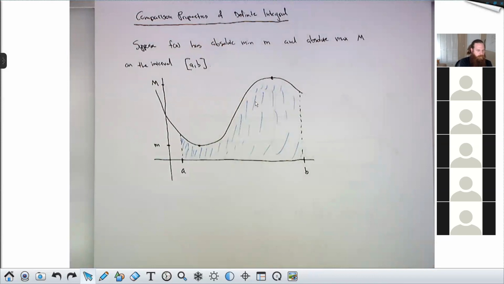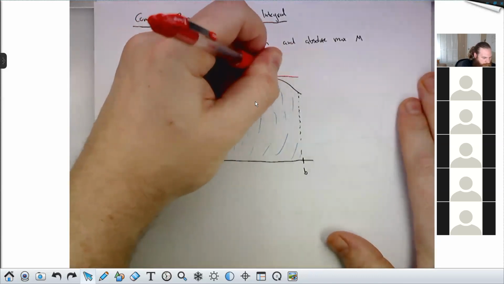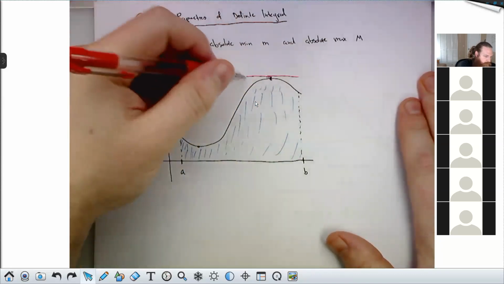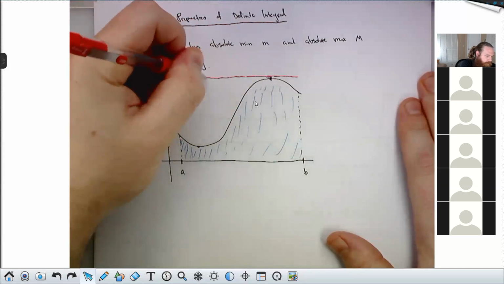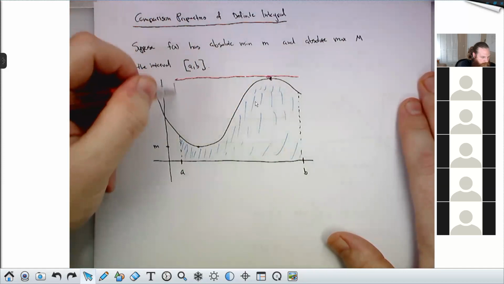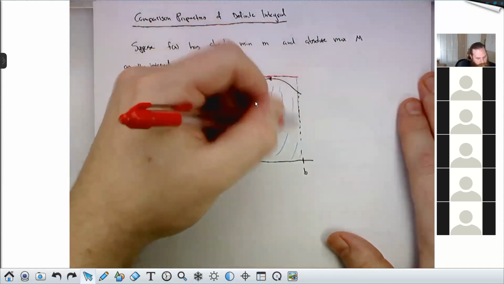On the one hand, the function never got bigger than capital M. So the blue area has to be smaller than the area of the red rectangle.